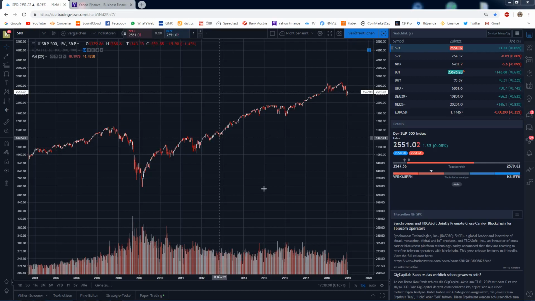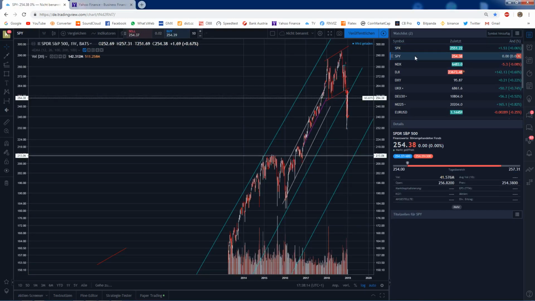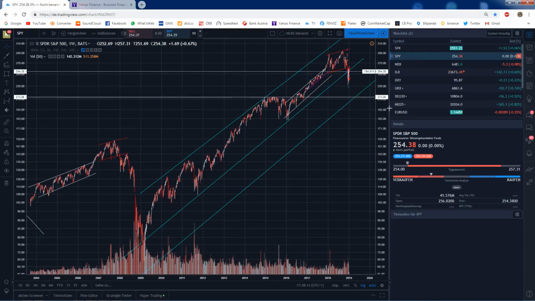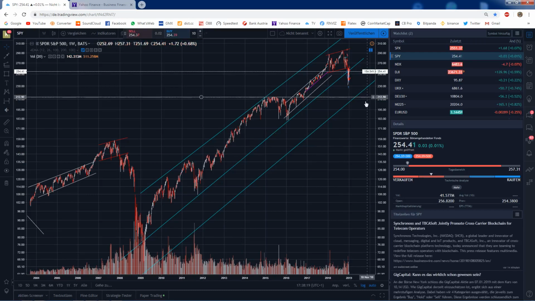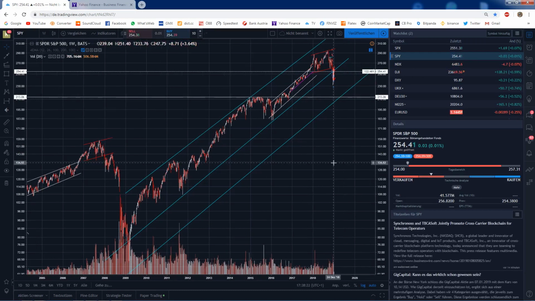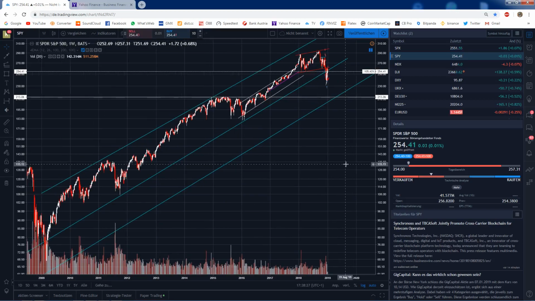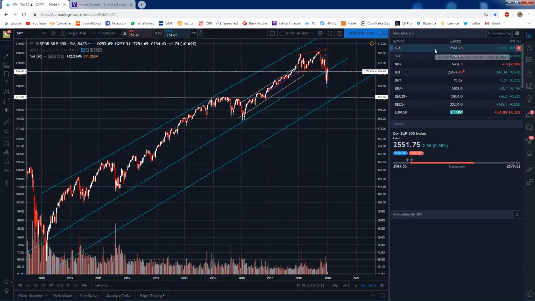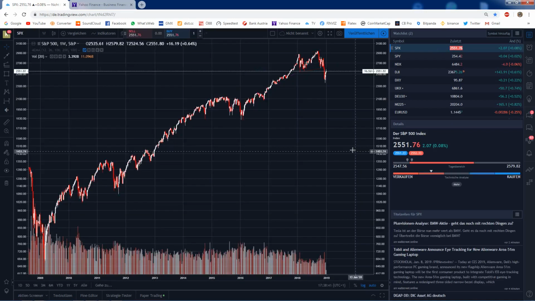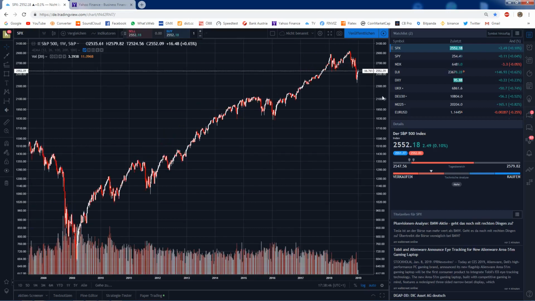We are now looking at the S&P 500 index. The reason why I didn't choose the SPY is because I already have some TA on here, and since I'm going to use this in another video, I'm just going to use the S&P 500 index, which is price-wise basically just multiplied by 10, and it follows the S&P quite to the point.